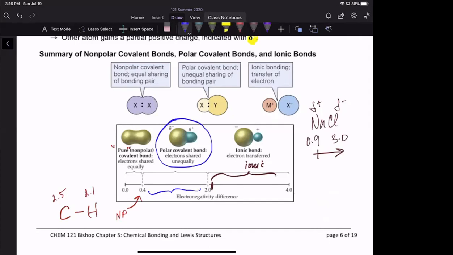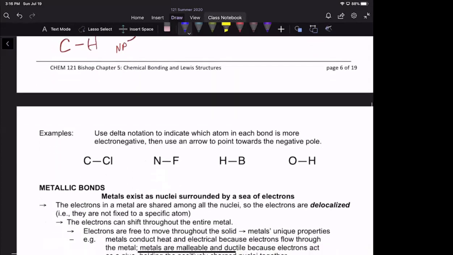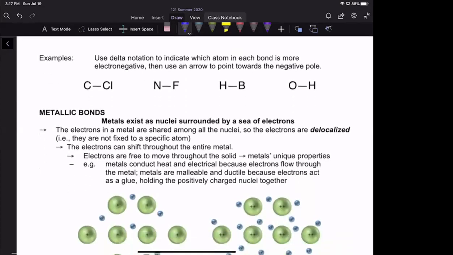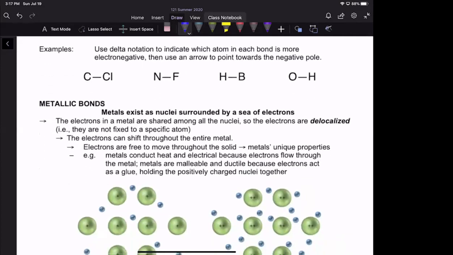So let's use that notation to indicate both the delta notation and the dipole arrow on the following bonds. So these are not molecules, these are bonds within molecules. Bond polarity is going to be a pairwise interaction between atoms. So we'll just look at the electronegativity, or you could even think about how far it is from fluorine.